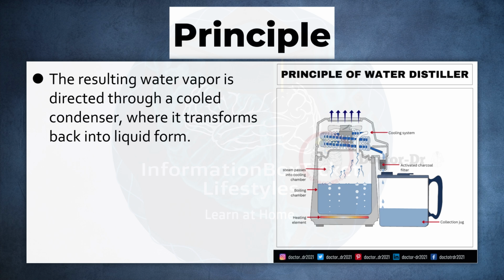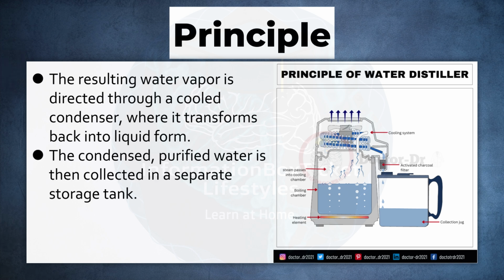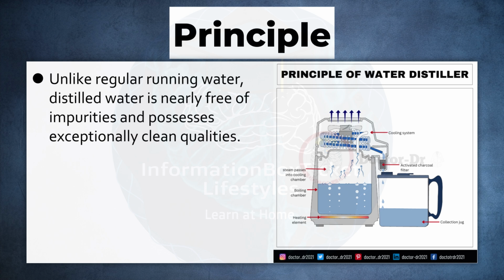The resulting water vapor is directed through a cooled condenser, where it transforms back into liquid form. The condensed, purified water is then collected in a separate storage tank. Unlike regular running water, distilled water is nearly free of impurities and possesses exceptionally clean qualities.